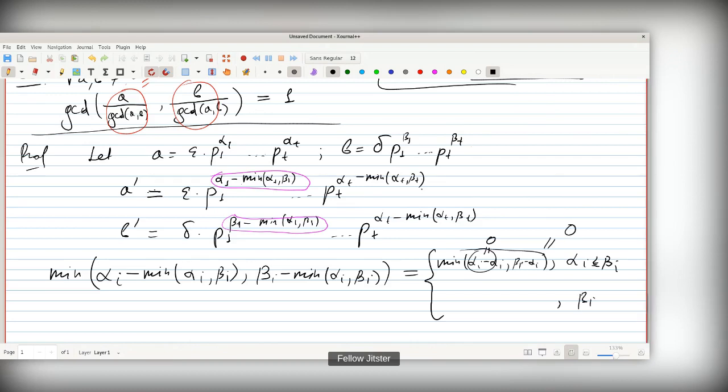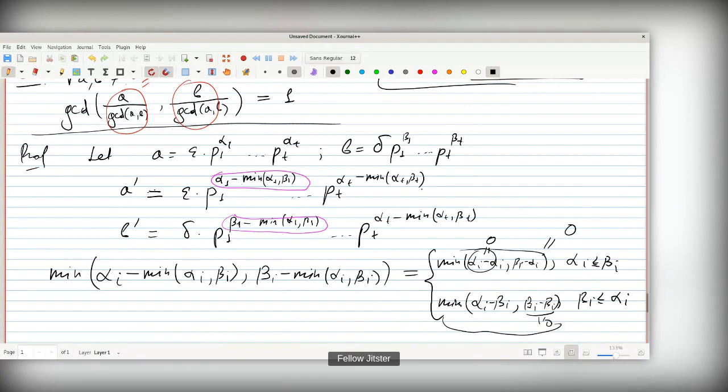Similarly, if beta i is less or equal than alpha i, here we have alpha i minus beta i, and here we have beta i minus beta i, which is 0.